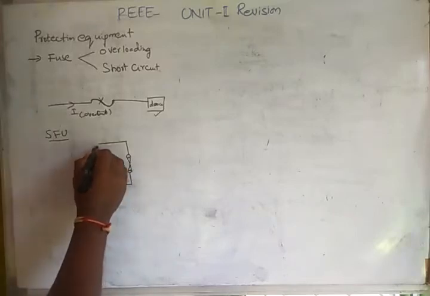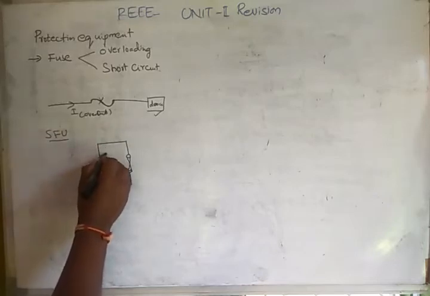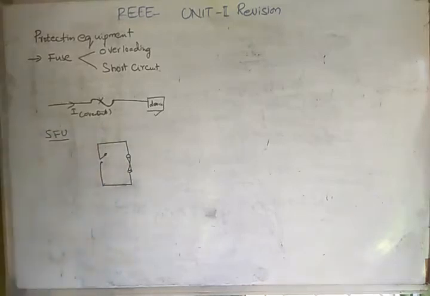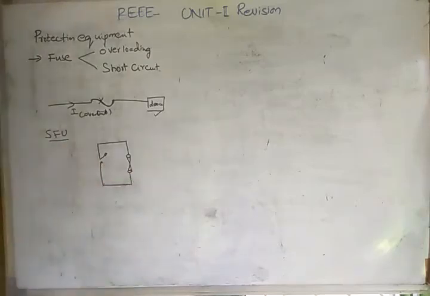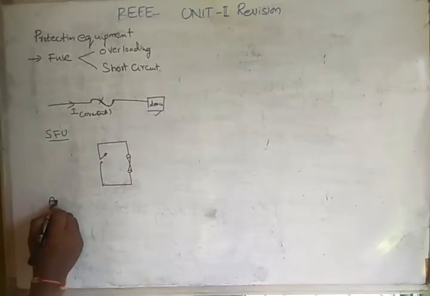If you provide a switch like this, when you want to disconnect the supply from the devices, you open the switch, and if you want to continue, you close it. This is called the switch fuse unit. Some of the advantages of the fuses are: the main advantage is the protection purpose.